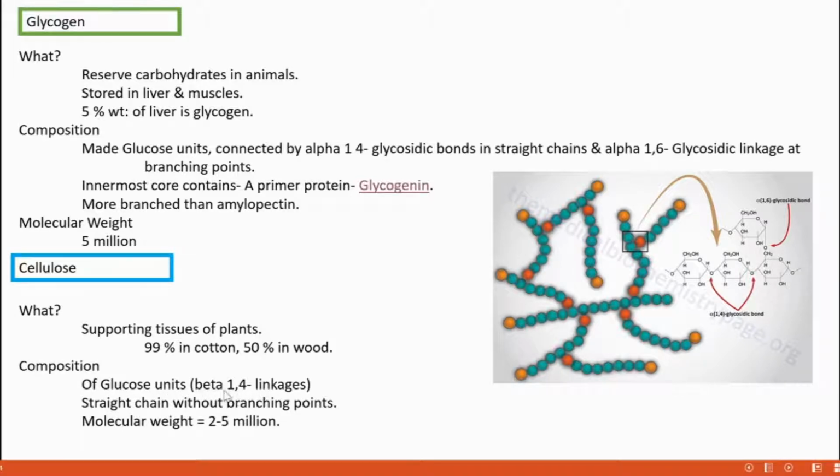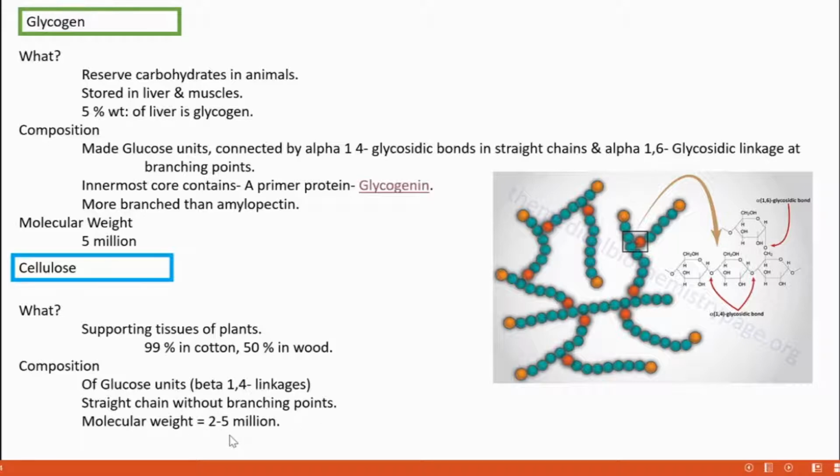Beta 1,4 linkage means that the anomeric carbon involved in bonding is beta, and the bond is formed between the first carbon and the fourth carbon of adjacent glucose units. It forms a straight chain. There is no branching.